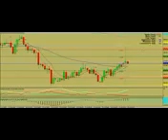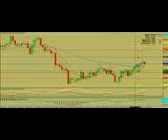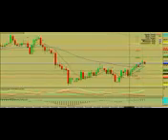For stop loss, I always use the moderate stop, so I'll do a 31-point stop loss on that trade, and we'll take profit of 15, 31, and 62.